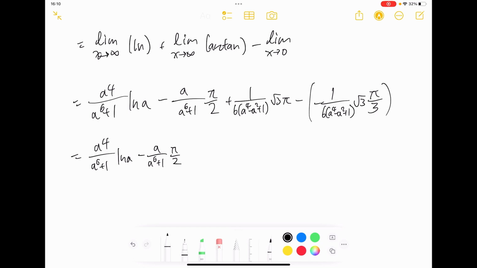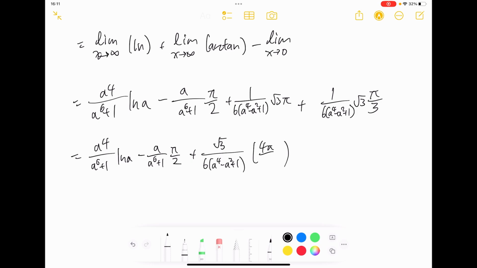The minus and minus become plus, and we can factor out 1/6 of (a^4 - a^2 + 1), and we have root 3 pi plus root 3 pi over 3, and maybe I can factor out a root 3 up to the top, which leaves us with pi plus pi over 3, which is 4 pi over 3.